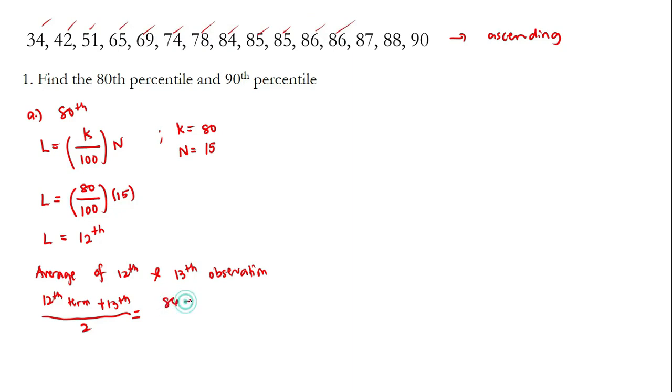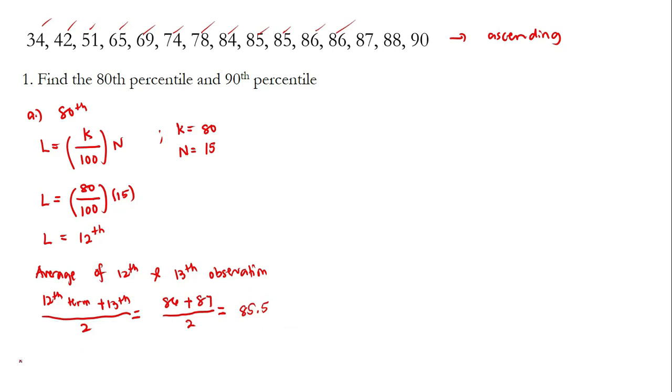So 86 plus 87 divided by 2, we have 86.5. So, this is the score in the 80th percentile.